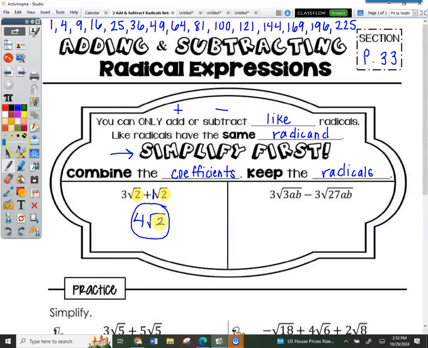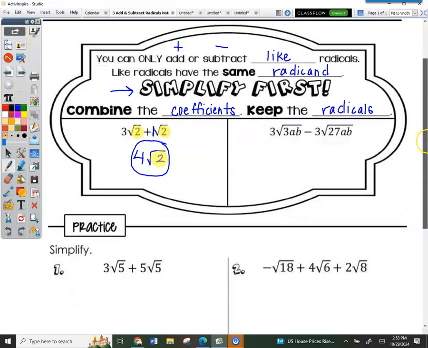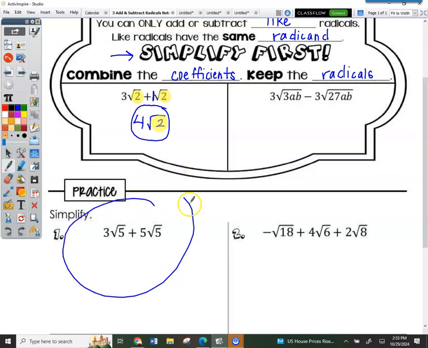So coming back over here. Everybody go to number 1. I want you to jump to number 1 and make sure you can do it.